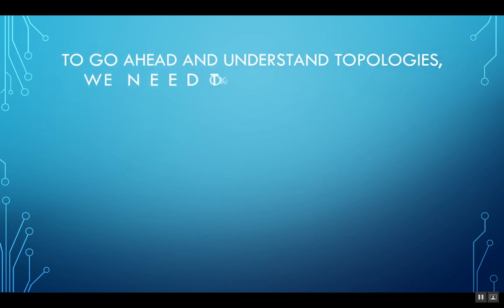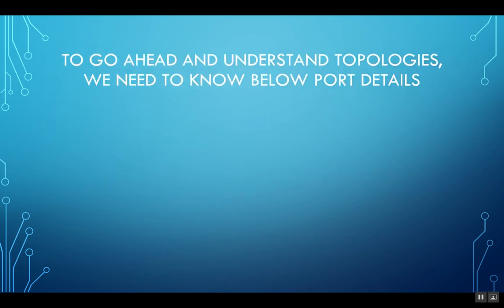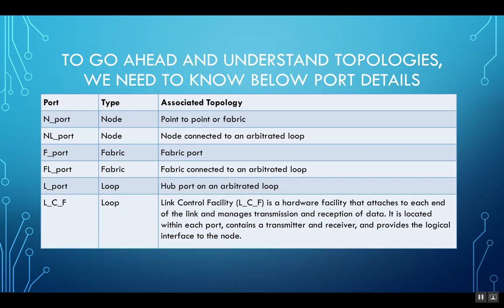To understand the topologies, we need to know some definitions, some terminologies, and the naming convention that we use for ports. In general, there is an N port, which is a node port, referred to in point-to-point connections. There's an NL port, which is a node port connected in an arbitrated loop. There's an F port, which is a fabric port.